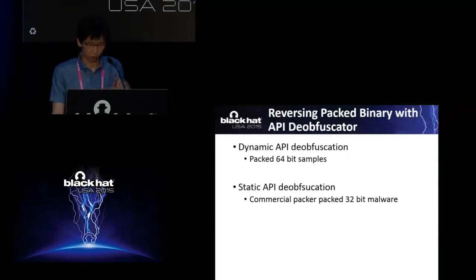And I want to show two demos. I prepared two packed samples. It takes a long time. First is dynamic API deobfuscation, unpacking of a 64-bit sample. And regarding static API deobfuscation, I packed with Themida 2.3.5, a commercial packer, a 32-bit malware.